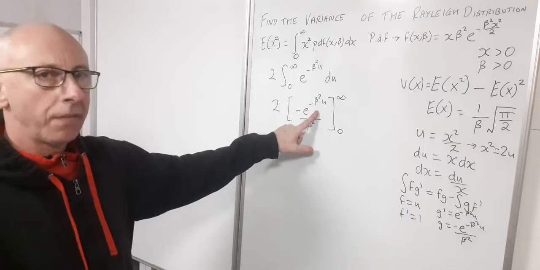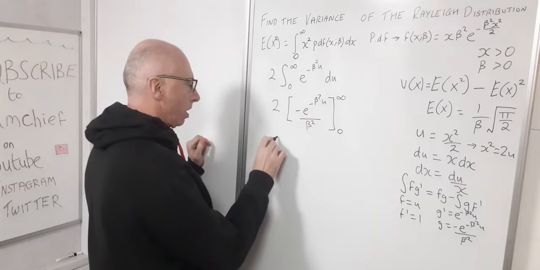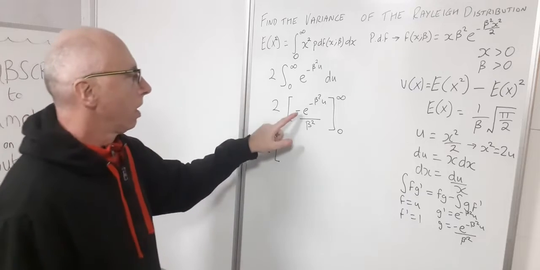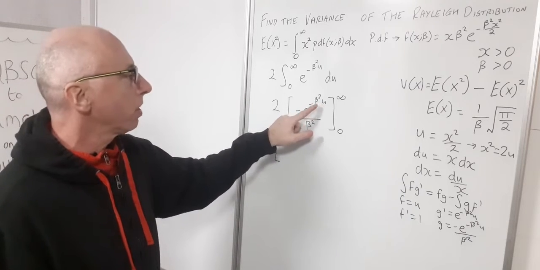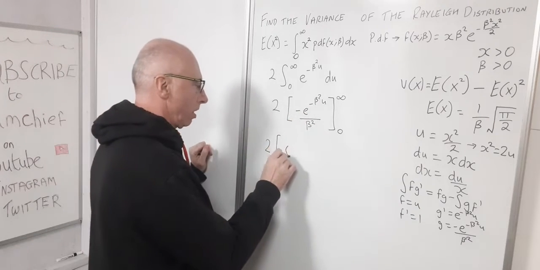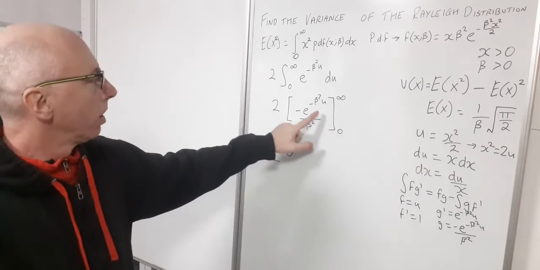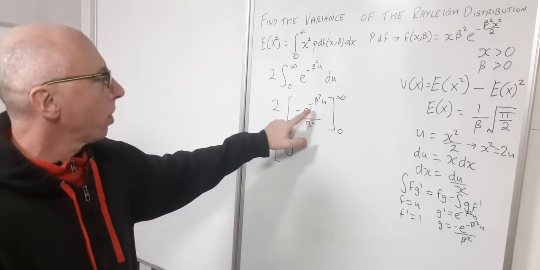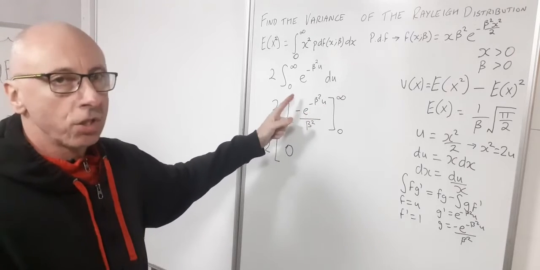Okay, so at infinity, what have we got? We've got 2 times minus e to the minus b squared times infinity. Well, this is going to approach 0. So this at infinity is just 0. And then at 0, when u is 0, I've just got e to the minus 0, which is e to the 0, and that is just 1.